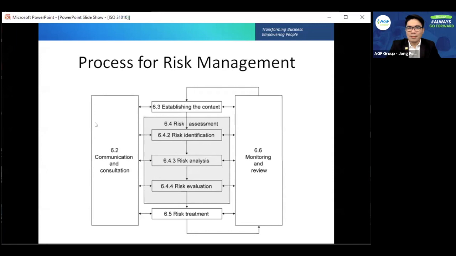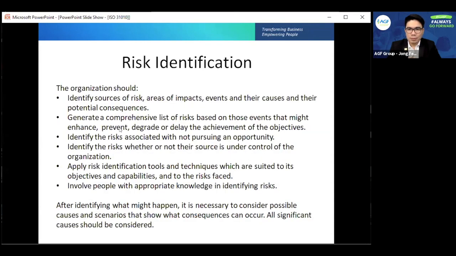The all-encompassing process na nire-recommend ng 31,000 includes siyempre the entire management of the full cycle, including yung requirements for consultation, communication, monitoring, and review, and yung better understanding of the organizational setup, yung context of the organization. So, yung activities niya simple lang. Unang trabaho, identify risk.